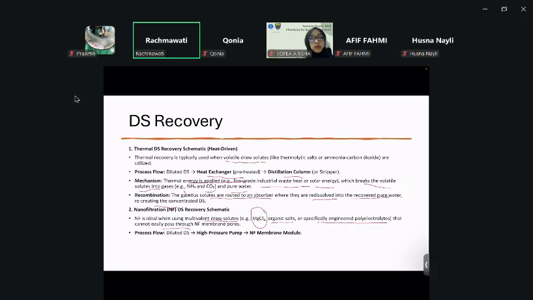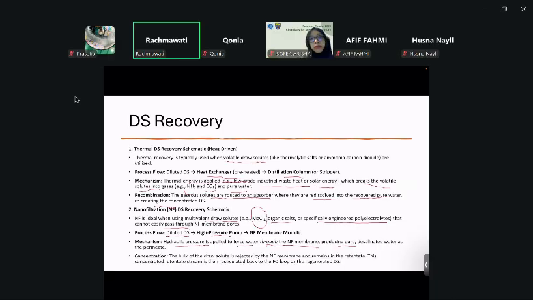So the process is that you have a diluted draw solution, which includes everything in water, and then you have a high pressure pump, and then you forward this solution into the nanofiltration membrane module. In this case, the mechanism is that you have hydraulic pressure applied, forcing water through the nanofiltration membrane, and then you hope to produce pure desalinated water as the permeate.